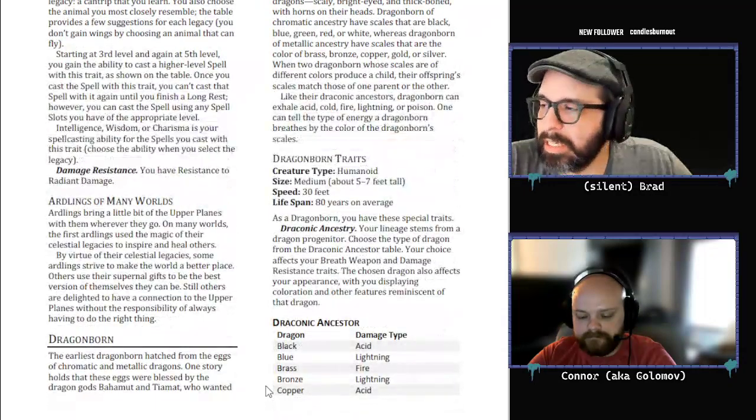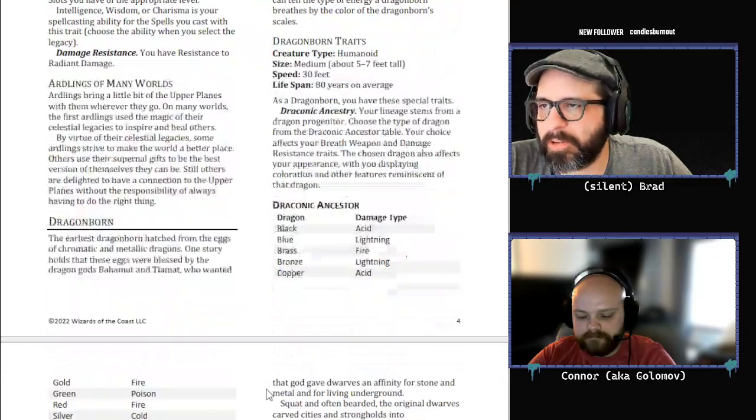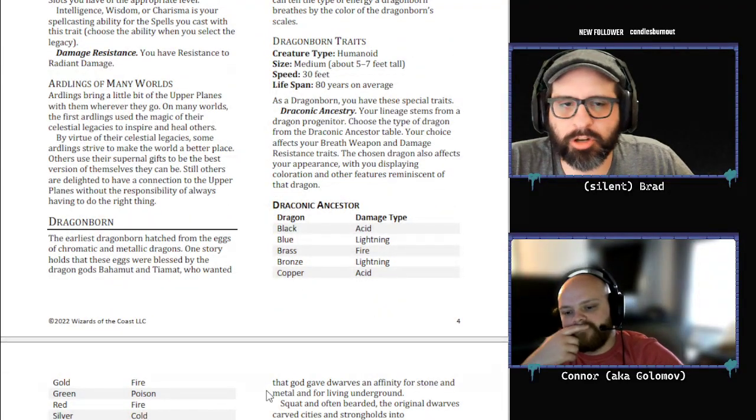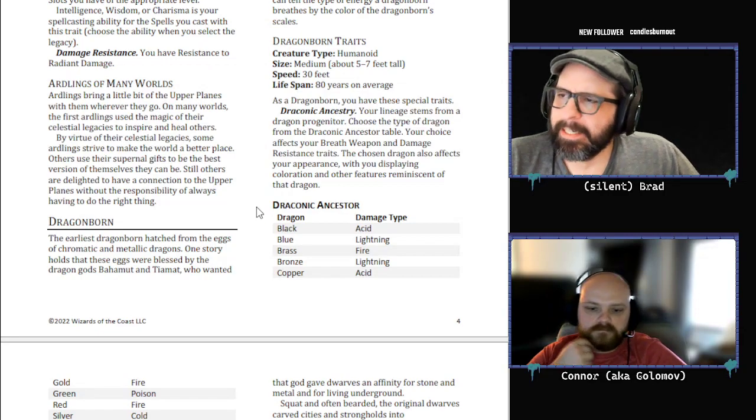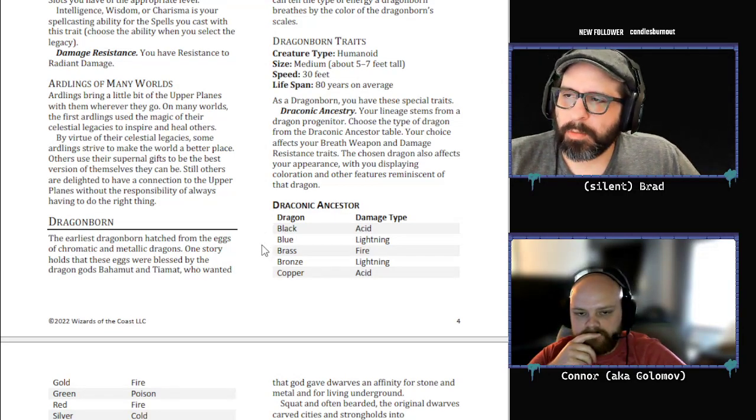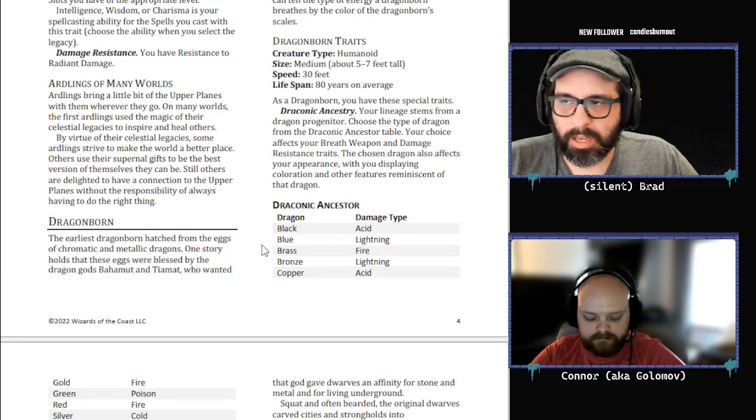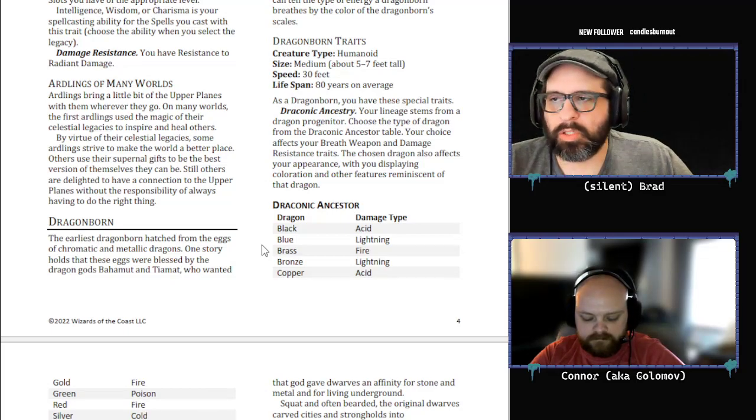As you'll see, it's not as good as the newer version from Fizban's Treasury or whatever it's called. So they're humanoid. They are all medium, between 5 and 7 feet tall. So no small.